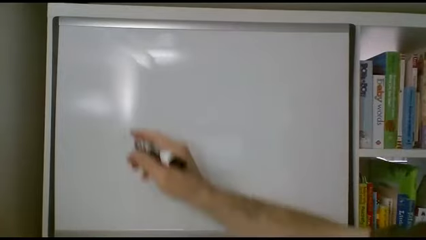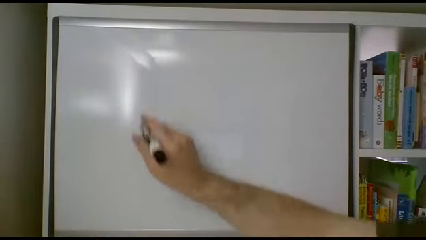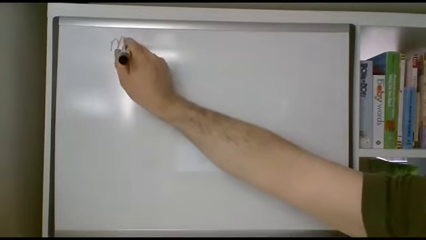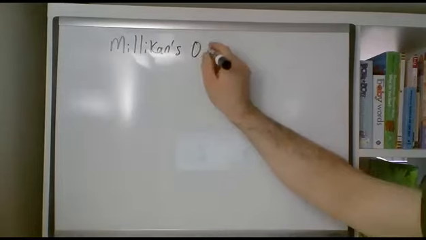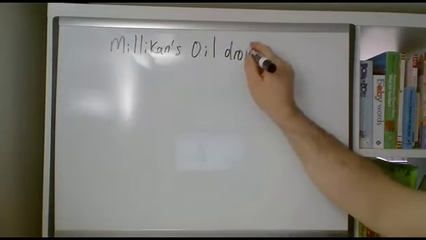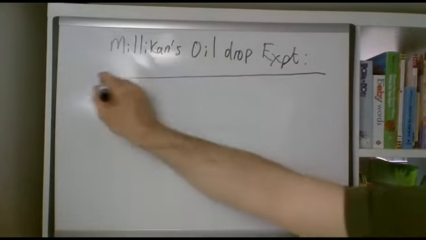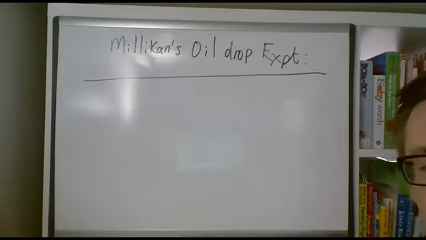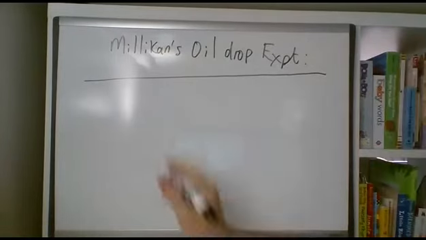So again, Thompson gave us the ratio of charge to mass. Let's now move on to something that was needed in addition to this to help get the charge and the mass separately. So we're going to look at Millikan's oil drop experiment. Please do a little bit of reading about this. I'm just going to give you some of the salient features.